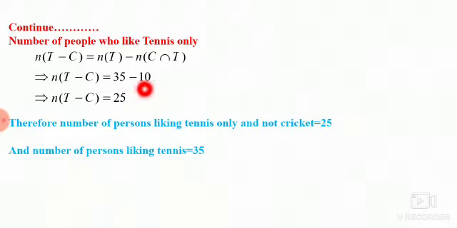Therefore 35 minus 10 is equal to 25. So there are 25 people liking tennis only and not cricket, and the number of people liking tennis is 35.